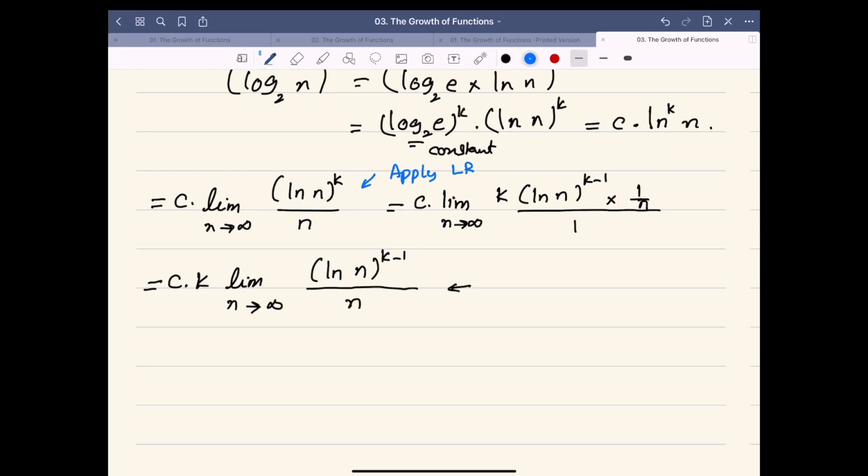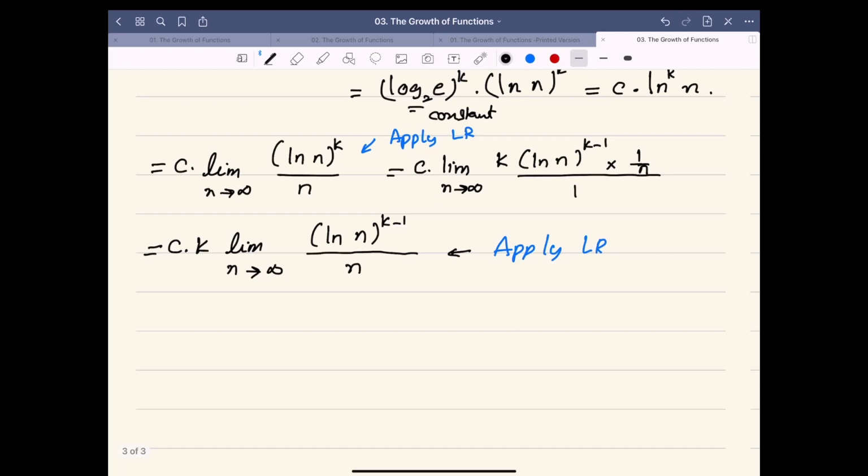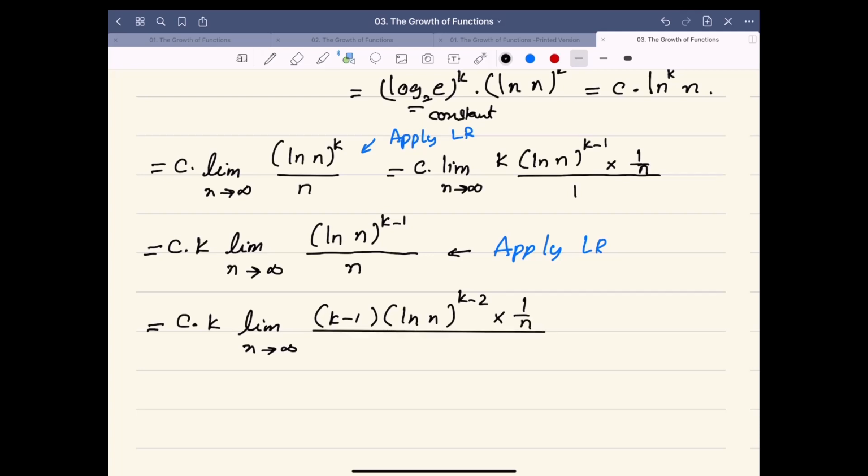Again, we apply L'Hopital's rule. After you apply L'Hopital's rule, what you will get is c multiplied by k, limit as n goes to infinity, and the derivative for this function will be k minus 1 multiplied by ln of n raised to power k minus 2 multiplied by the derivative of ln, which is 1 over n, divided by the derivative of n, which is equal to 1.